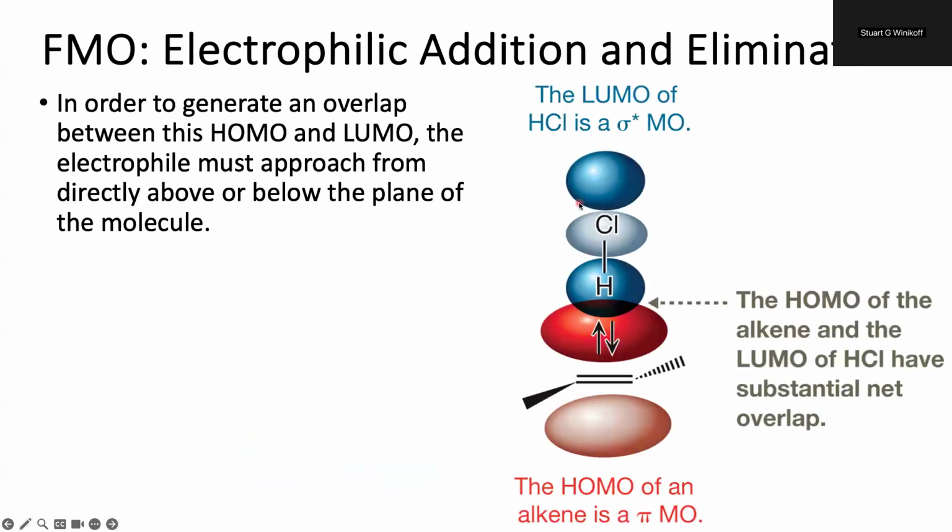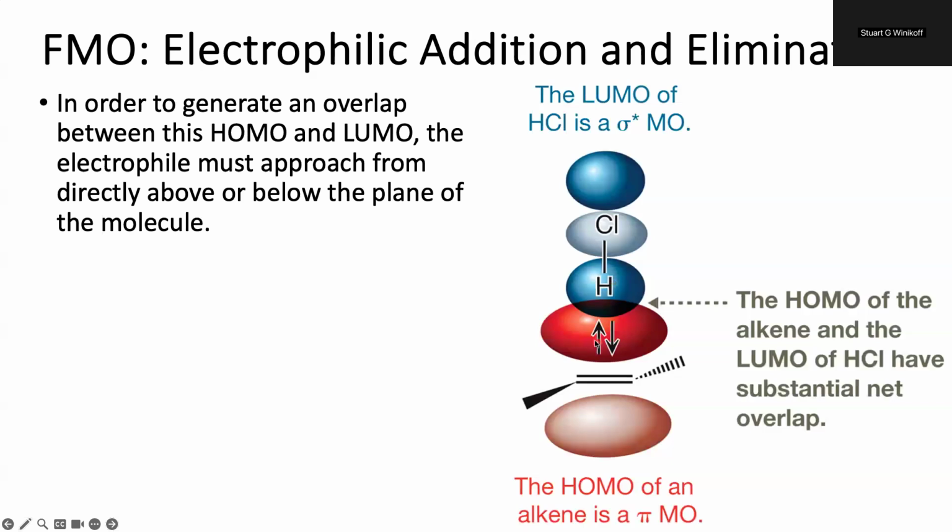The biggest difference here is that now that sigma antibonding orbital has to essentially approach from either directly above or below the plane of my nucleophilic pi bond, because we need to come straight from above or straight from below to make sure I get good overlap between that hydrogen atom and that pi bond.